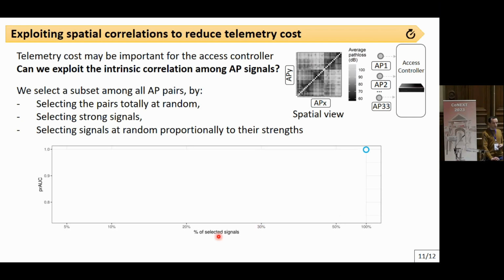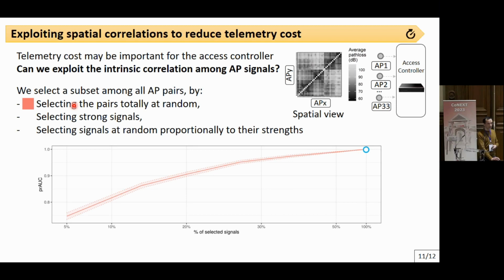Here, just to recall, there is a certain percentage of selected signals that we can collect. And the PR AUC, when we take all of them, is 1, which means that the 9 out of 9 ground truth events have been detected. The simplest way to proceed is just to select pairs totally at random.